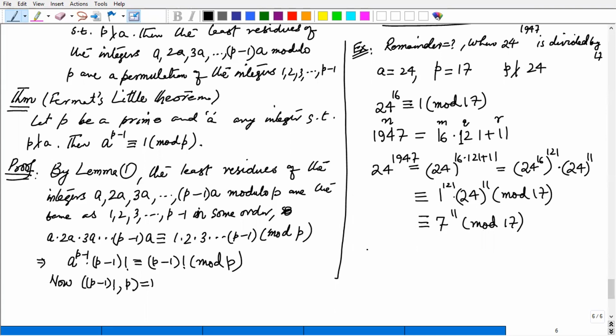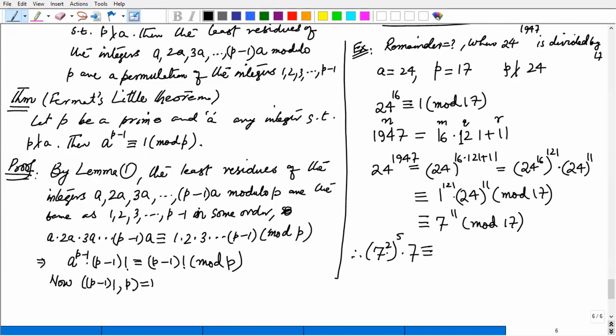So 7 to the power 11 can be written as 7 squared to the power 5 times 7, and this is congruent to: 7 squared is 49.